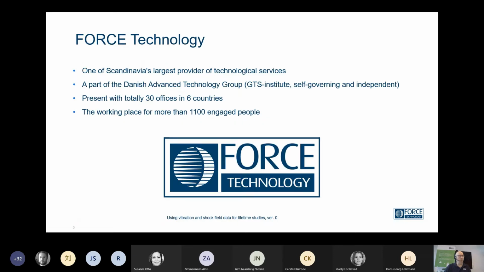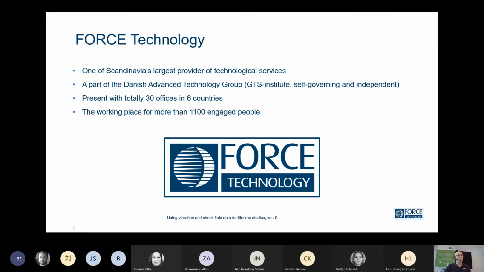Let's go on. The company I work in is called Force Technology. It's a technological service providing institute, and some of the services are testing, which I am working with. It's a part of the Danish advanced technology group called DTS in Denmark. It's a kind of self-governing and independent institute.